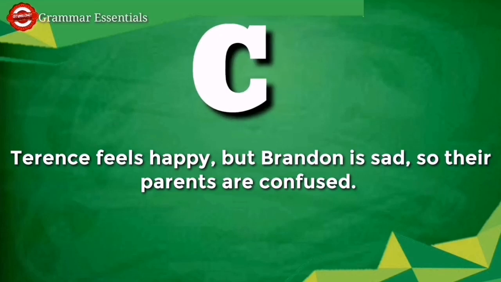This is a compound sentence as it consists of multiple independent clauses. These are: Terrence feels happy, Brandon is sad, and their parents are confused. All of these independent clauses are linked together by the coordinating conjunctions "but" and "so."